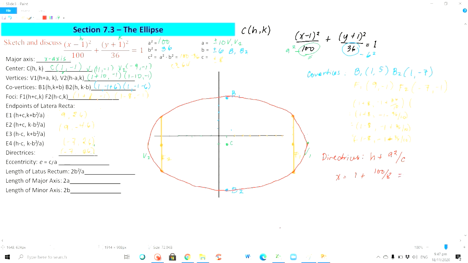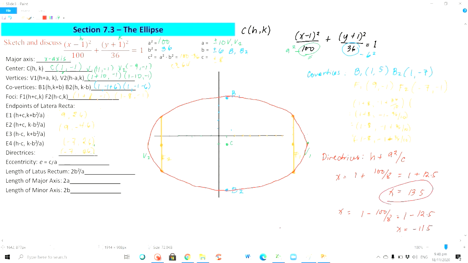So, it's equal to 1 plus 12.5. X is equals to 13.5. In the same way, yung negative na 1 minus 100 over 8 is 1 minus 12.5. X is equals to negative 11.5.